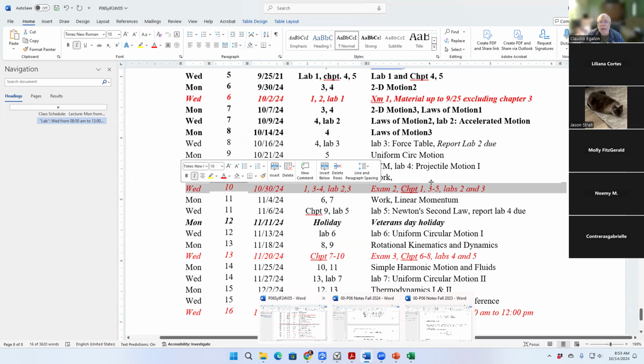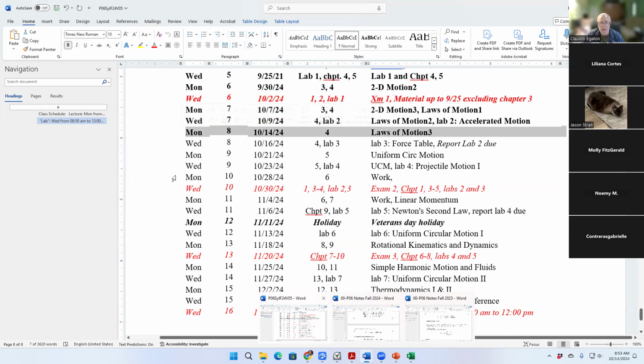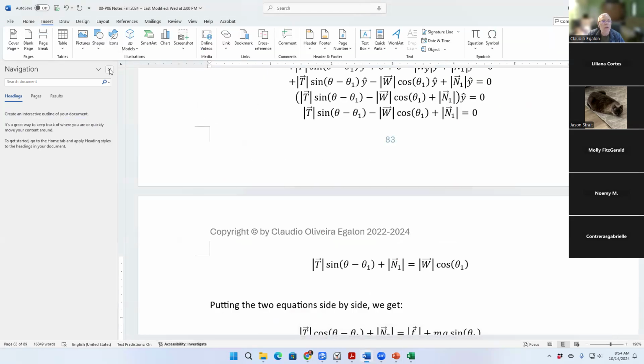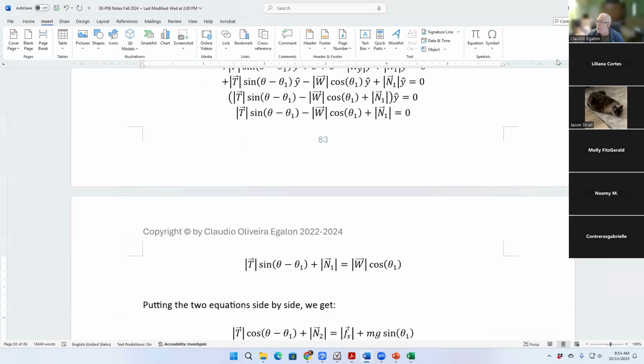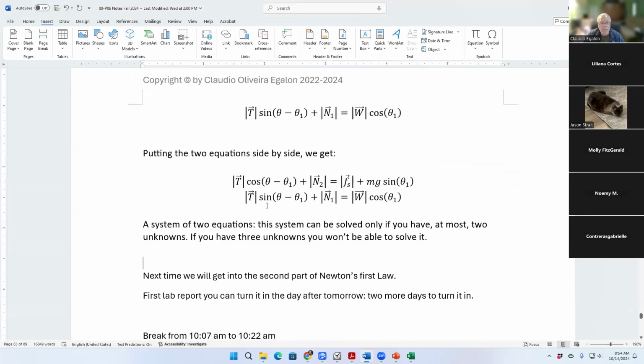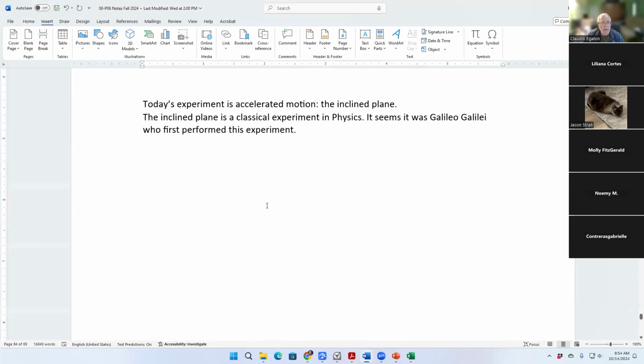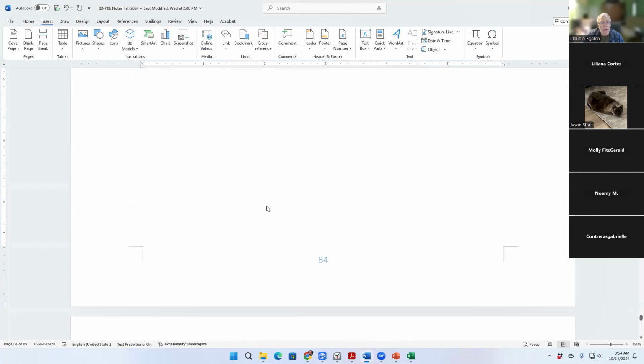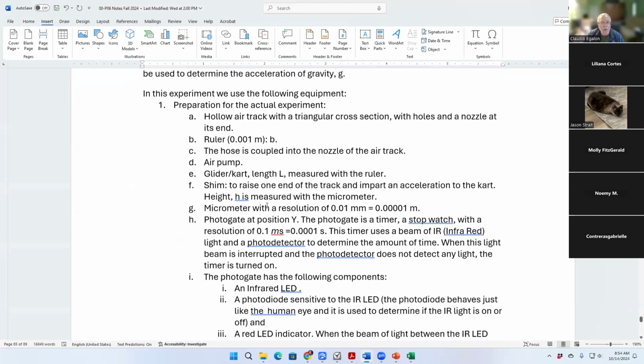It may change, okay, depending on how much material we cover up to then. Let's concentrate on the laws of motion for now. And this is lab 2.